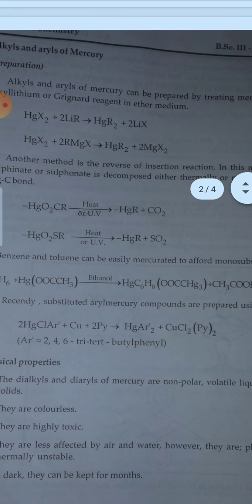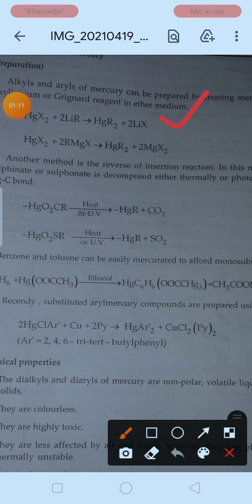Here you can see HgX2 means mercury chloride, LiR means lithium alkyl, R is standing for alkyl, and Ar is standing for aryl. Aryl means cyclic compound, benzyl ring and all.